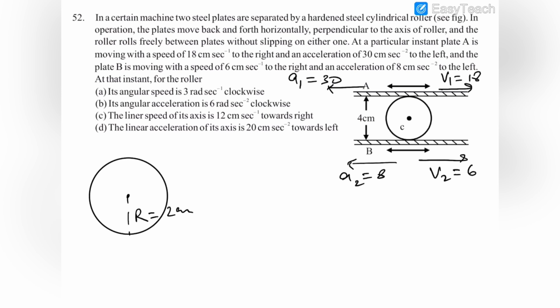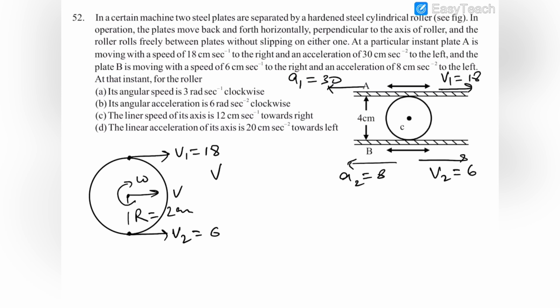Let us first assume that this roller has a velocity v and an omega in the clockwise sense. We know that at the contact point, the velocity of the plate and the roller would be the same. So the velocity of this point is 18 and the velocity of this point is 6.